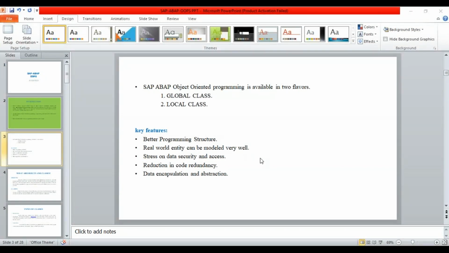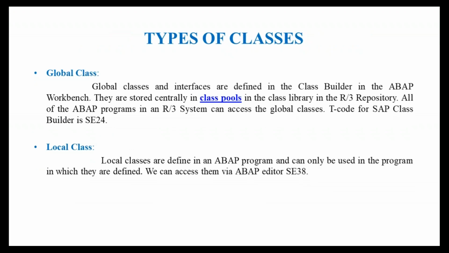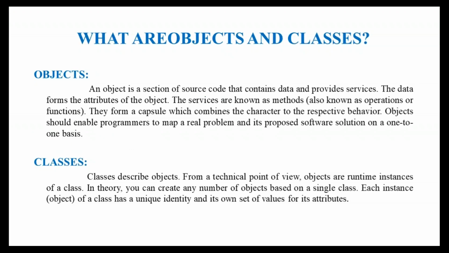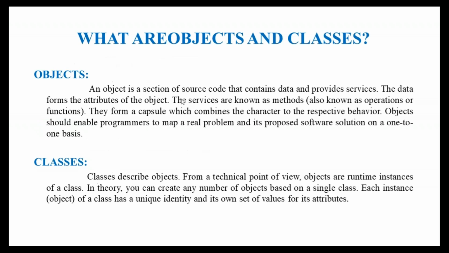So here we were understanding the concept of object programming. As I was telling you, every object programming will make use of classes, and these classes can either be declared globally, or it could also be used as a local class. So we have objects.